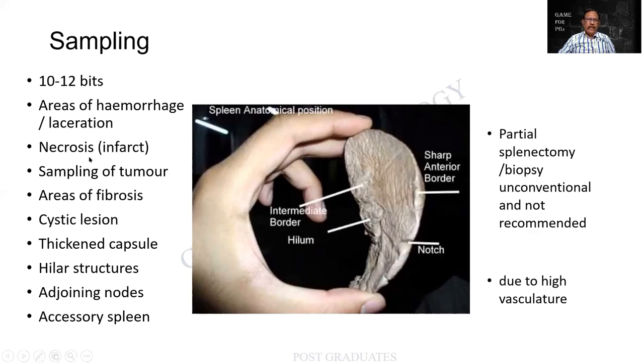Whenever there are areas of hemorrhage and laceration, they should be sampled. Fibrosis, cystic lesions, thickening of the capsule, any other structures such as the adjoining nodes or sometimes an accessory spleen. So this list we will be having in mind, because the common question will be, where all will you take the bits from?